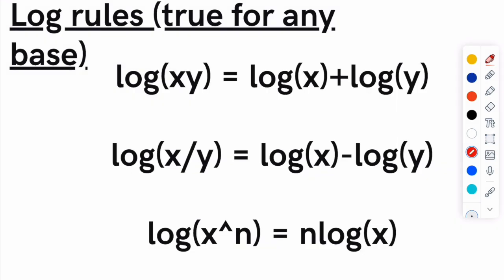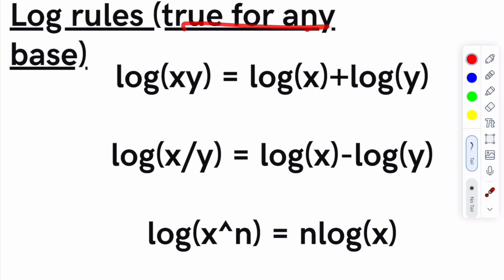This brings us firstly to the log rules. These are important, and you can think of them as similar to the exponential rules that you would have learnt back in year 10 or 11.